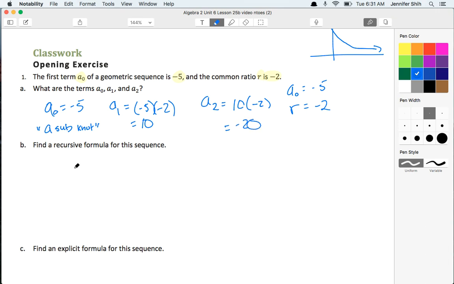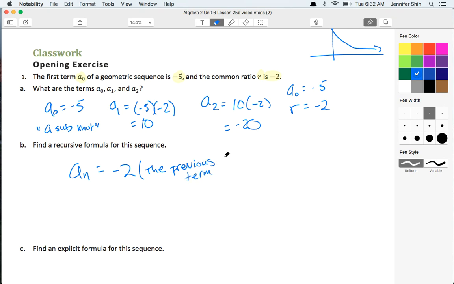So find the recursive formula for this sequence. And remember, the recursive formula calls back the previous term. So a sub n is going to be our ratio times our previous term. This is how you write the previous term in this notation.